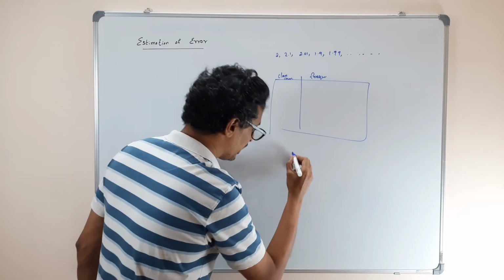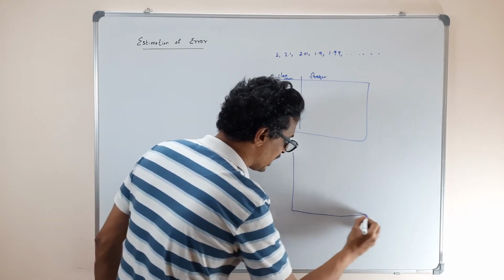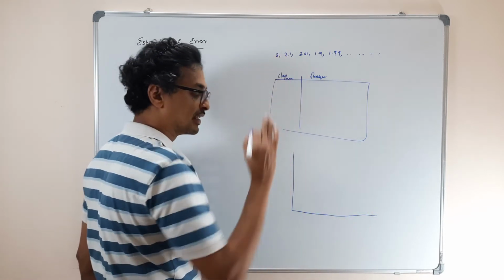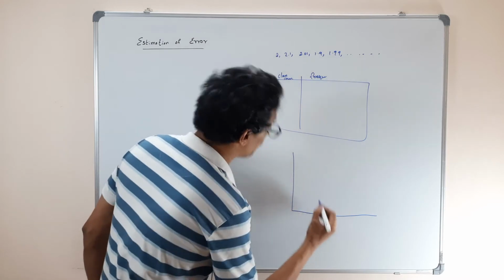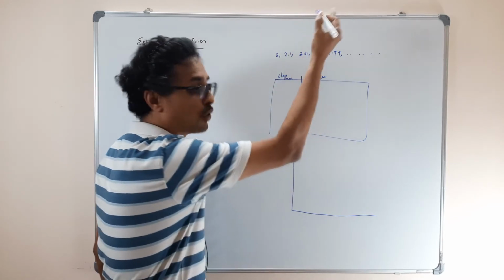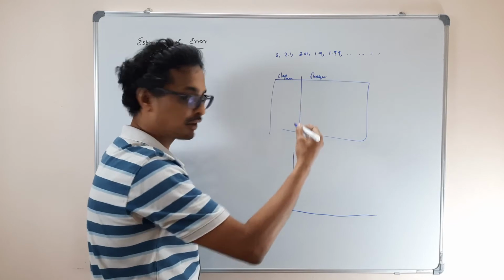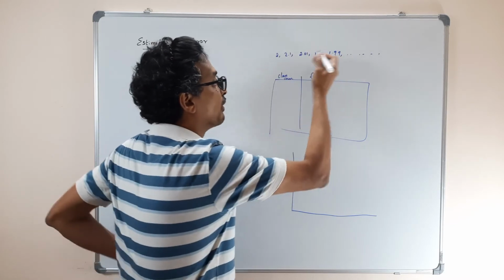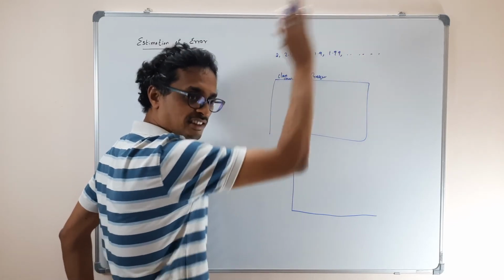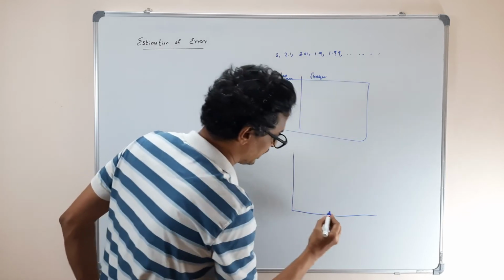And then if you do the same thing for this experiment, suppose you take the class interval as 0.01 or 0.05 or 1, depending upon the range of values, you can divide this distribution.